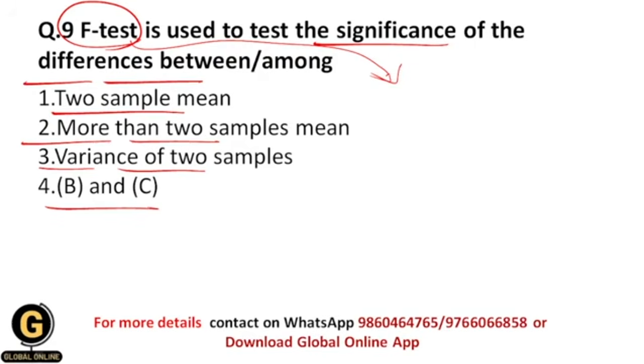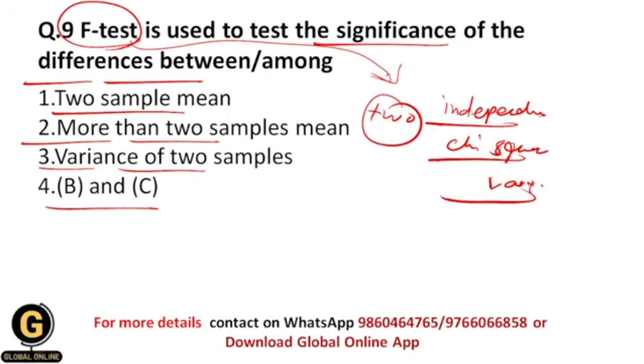So what is this ratio? This is the ratio between two independent chi-square variates that are divided by their respective degrees of freedom. For example, I have this V1 variate divided by its degrees of freedom, upon the second variate divided by its degrees of freedom.